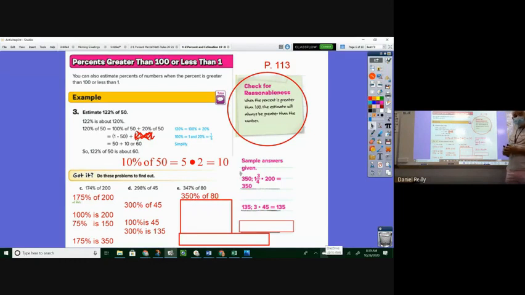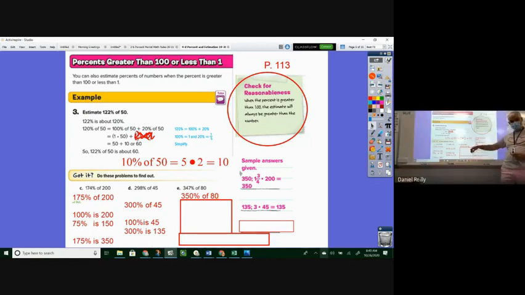Plus another 50%. What's 50% of 80? 50% is half. What's half of 80? 80 divided by 2, 40.